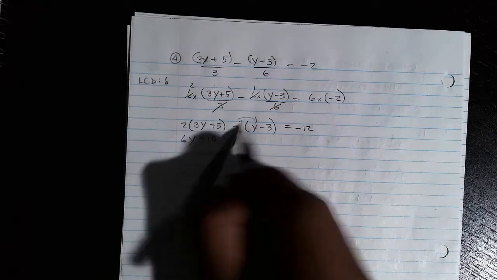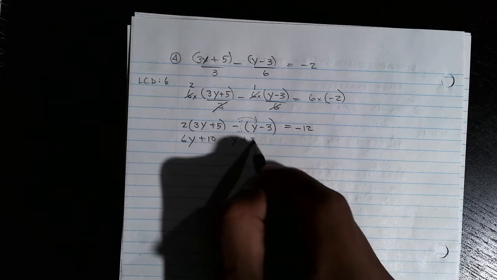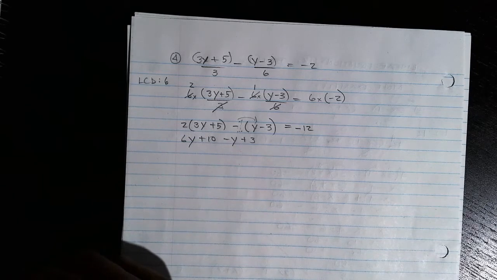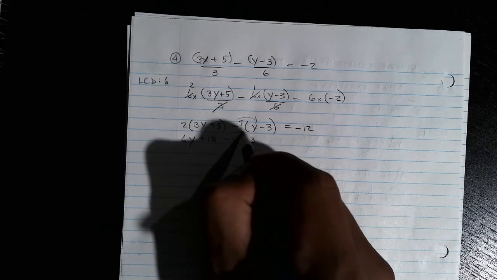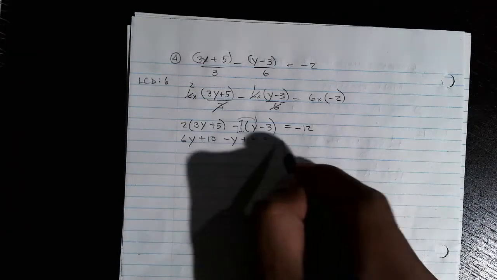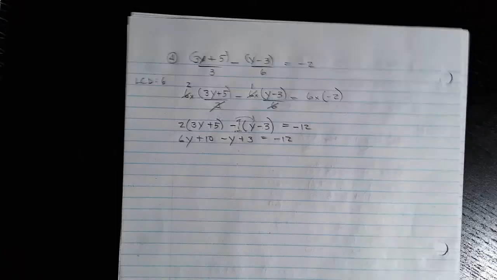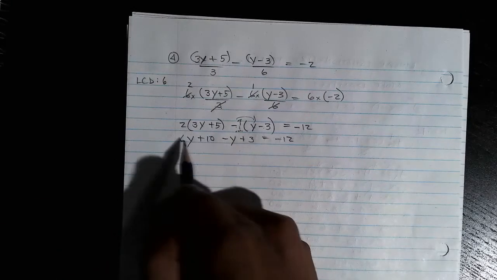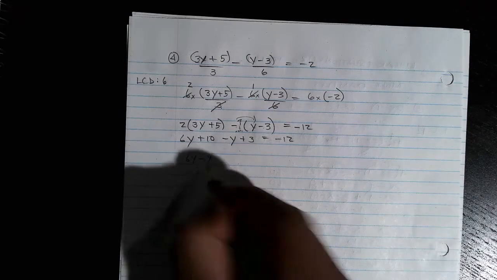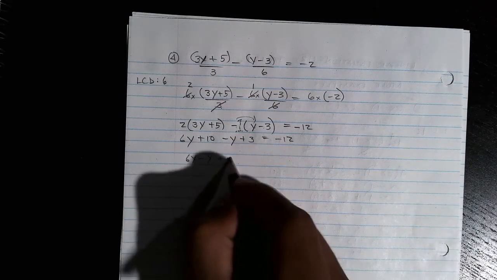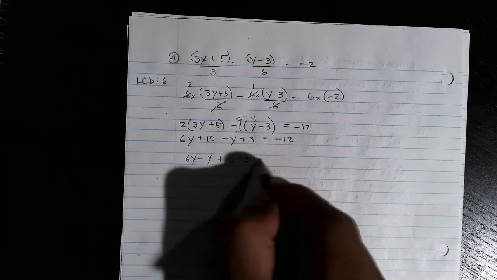And negative 1 times negative 3, well, that becomes a positive 3. Yes, invisible negative 1. And now we just shuffle our like terms again. 6y minus y and plus 10 plus 3 equals negative 12.